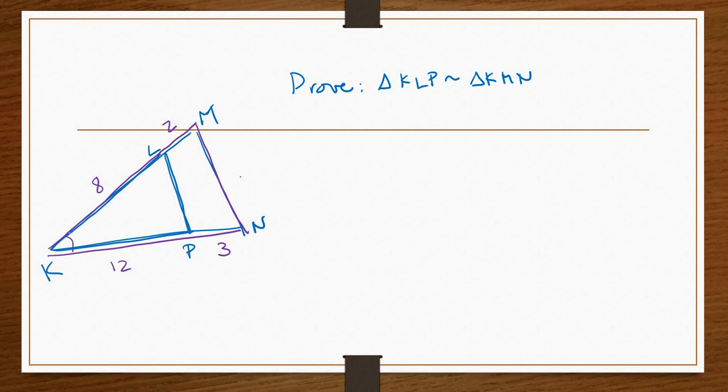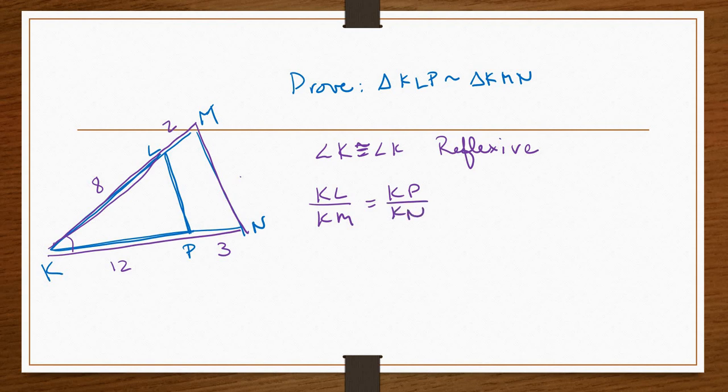Well, angle K is in both triangles. So angle K is congruent to angle K. Do you remember the property for that? Reflexive property. It's congruent to itself. And then I can say that KL over KM, those are the corresponding sides here, is proportional to KP over KN.